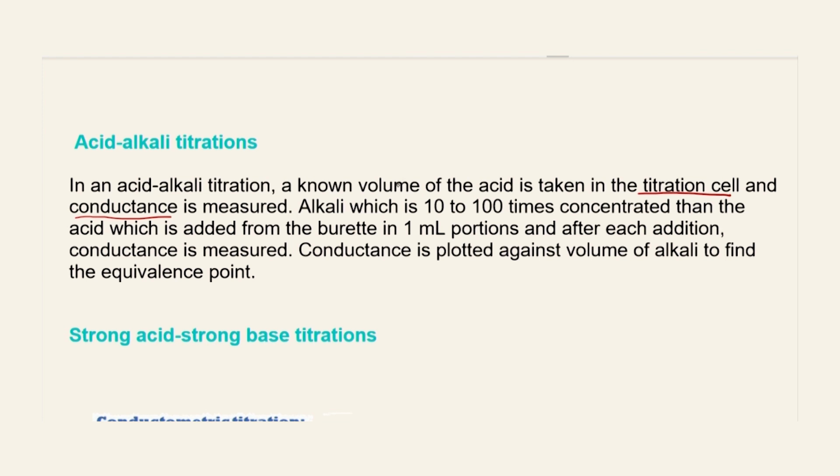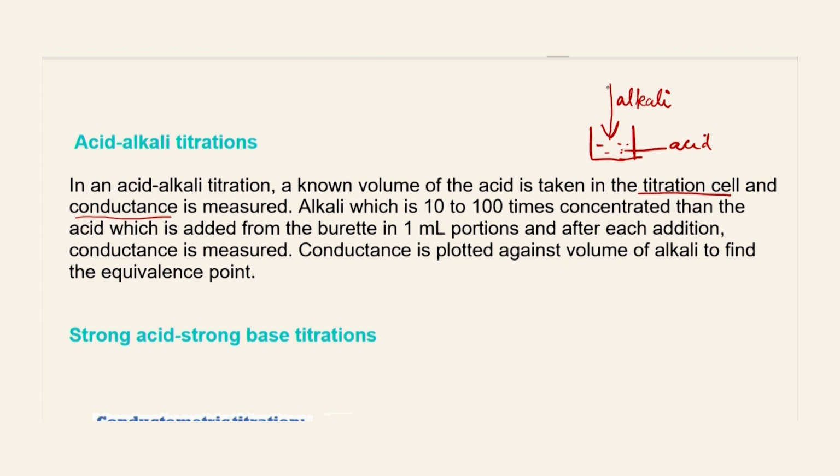Now, the vessel contains acid, and you will be adding alkali using a micro burette, because we have to take small volumes, and to be more accurate we use a microburette.